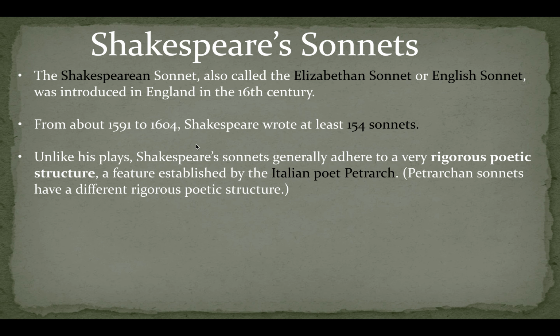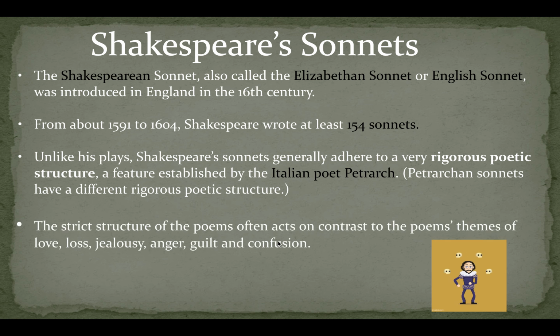Unlike his plays, Shakespeare's sonnets adhere to a rigorous poetic structure. And a rigorous poetic structure was first established by the Italian poet Petrarch. Now, Petrarchan sonnets also follow a rigorous poetic structure, but it's different from the one we find in Shakespeare's sonnets.